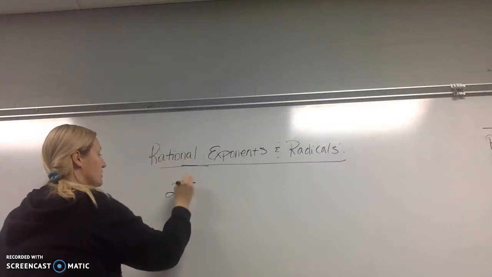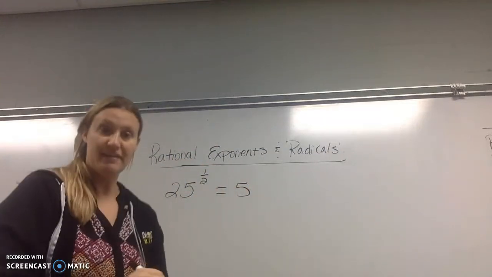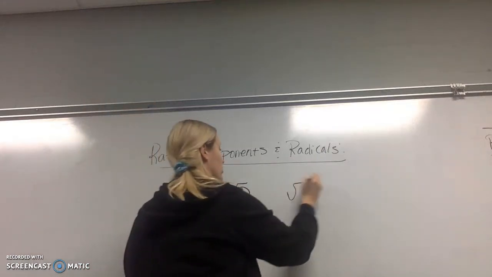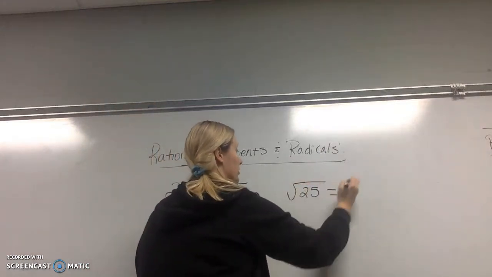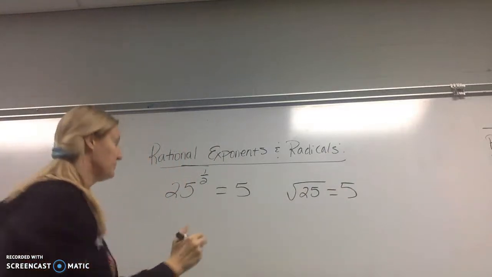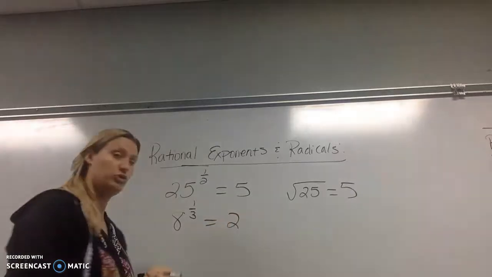25 to the 1/2 power is equal to 5. Okay, so I'm taking 25 to the 1/2 power. You know that the square root of 25 is also 5, okay? 8 to the 1/3 power is 2.